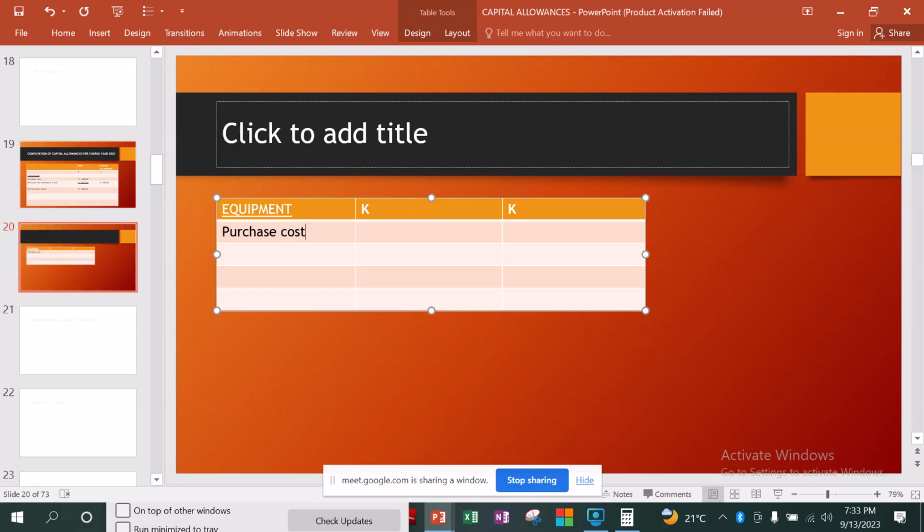How much did we buy the equipment at? So if we go back to the question, 12,000. Yes, so we're going to put that value here. Purchase cost 12,000.